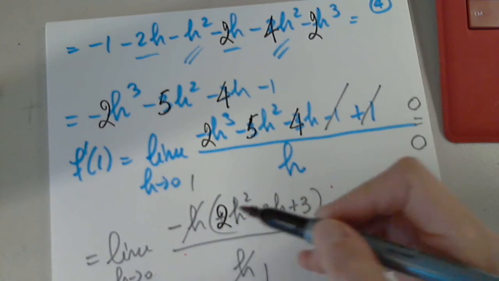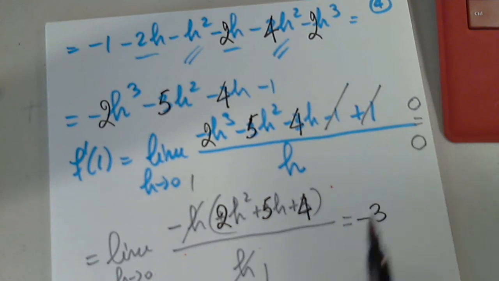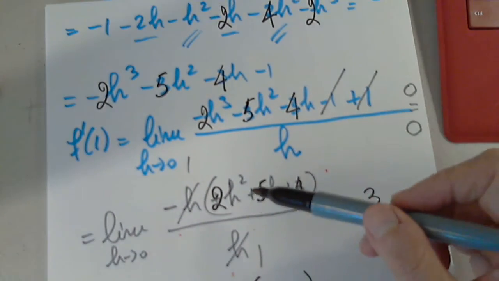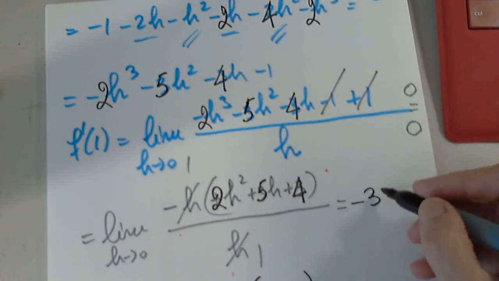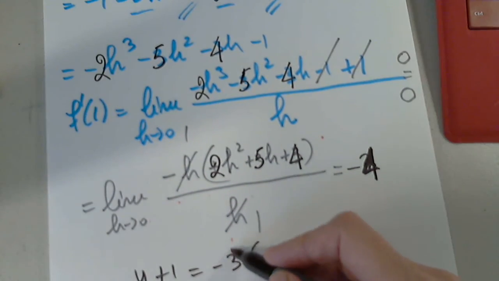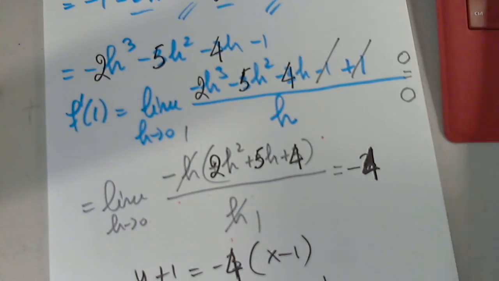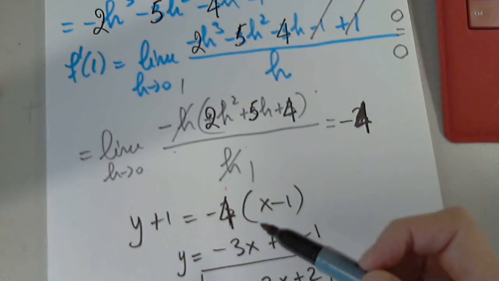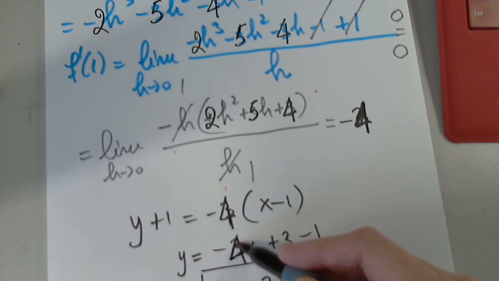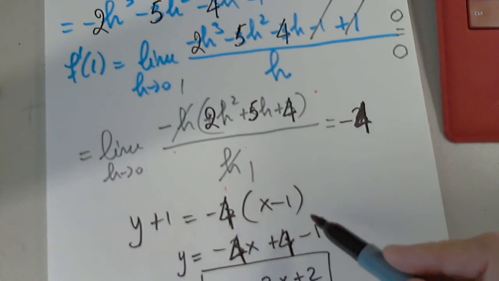So here there is a 2, here there is a 5, and here there is a 4. So that's how we get negative 4, correct? Okay, so then that's negative 4. Never mind. Because it's 2x minus 6. 6 minus 2 is 4. Negative 4. Okay, so negative 4, positive 4, and plus minus 1.